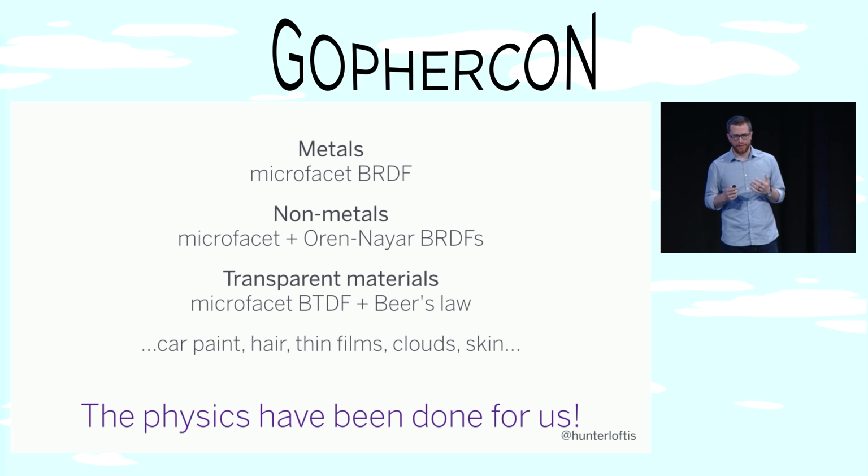One of the cool things about this is that the physics have all been done for us. So you don't actually have to figure out how to write a BRDF or a BTDF, because people have already written the microfacet BRDF, the Oren-Nayar and the Ashikhmin BRDFs. These are all published by companies like Pixar and Disney, and actually Google just released an open source project called Filament that publishes all of its BRDFs.